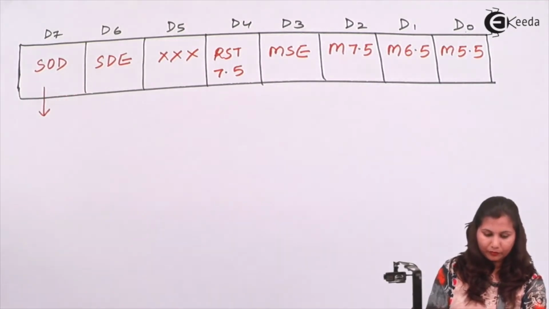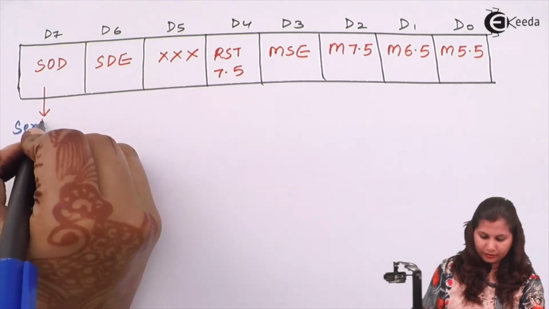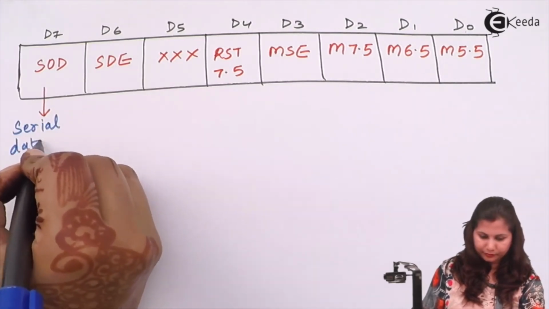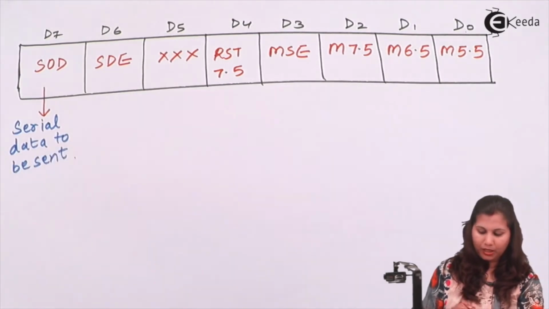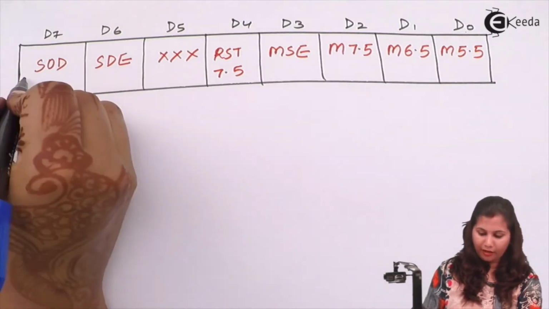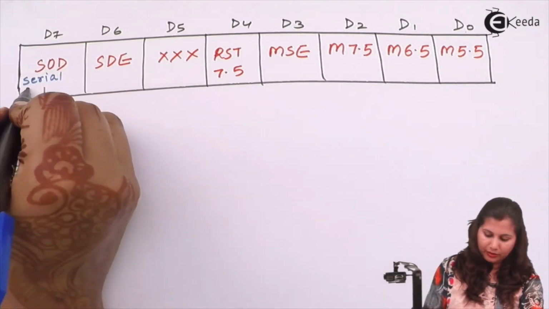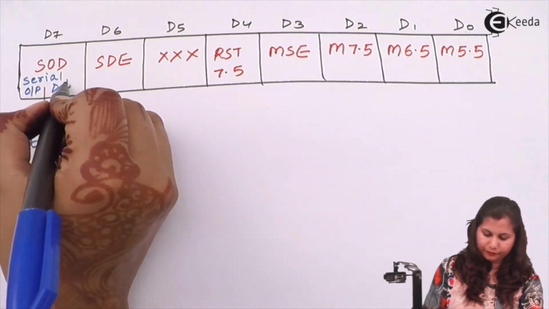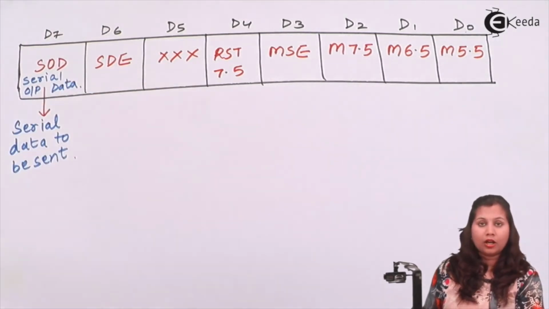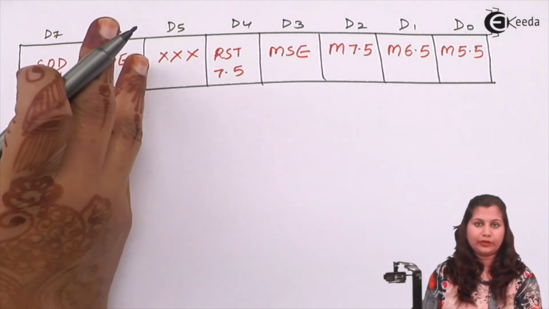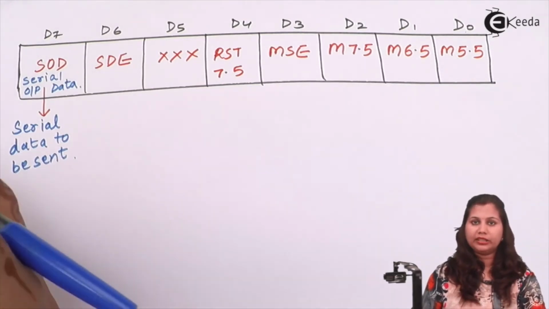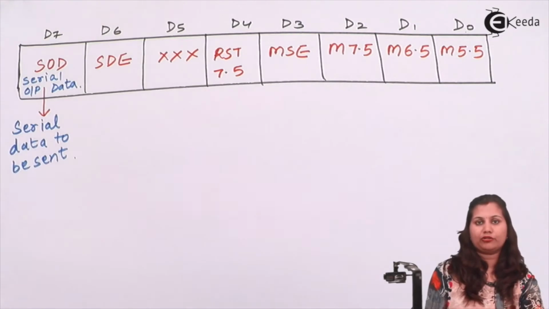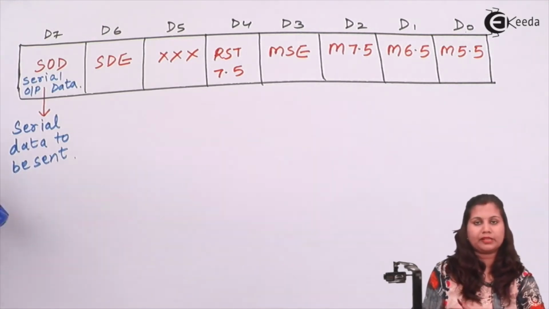The SOD bit is the serial data to be sent. Its full form is serial output data. When the microprocessor 8085 is performing serial data communication, it has some serial input and serial output, meaning some data is being input to the microprocessor and some is sent out, and that would be the output data.